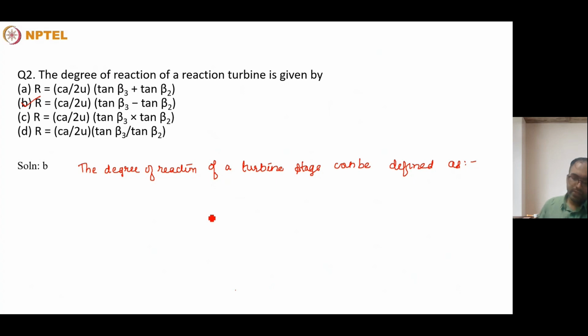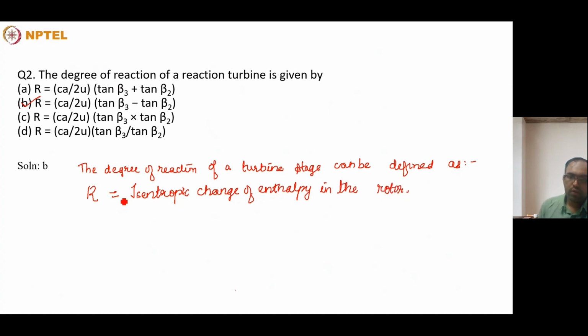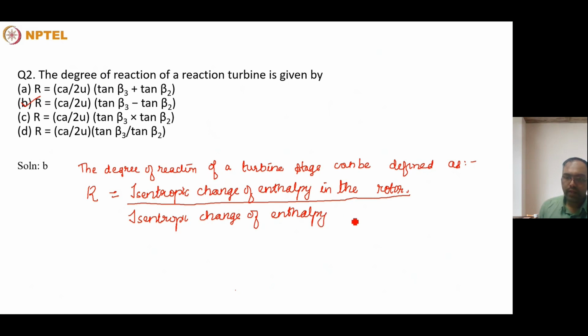So using the isentropic change in the stage, we can express the degree of reaction, denoted by letter R, as equal to the isentropic change of enthalpy in the rotor to the isentropic change of enthalpy in the overall stage.